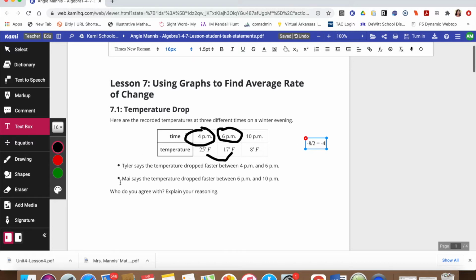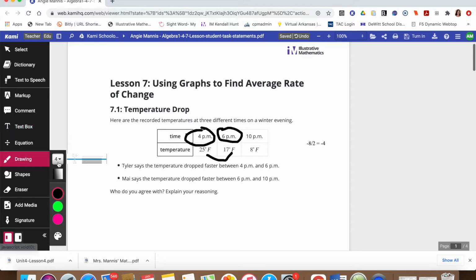Okay, if you look at what Maya says, she says the temperature dropped faster between 6 p.m. and 10 p.m. Well, 6 to 10 p.m., that is a 4-hour change. And then it's decreasing by 9 degrees.